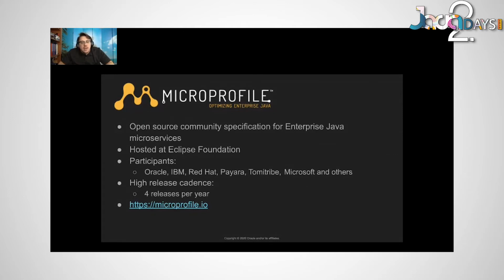So we get 4 releases per year. So every quarter year we have a release. And now I guess we are approaching the release of version 4, which will come next year. So Microprofile, once again, it's a set of specifications.